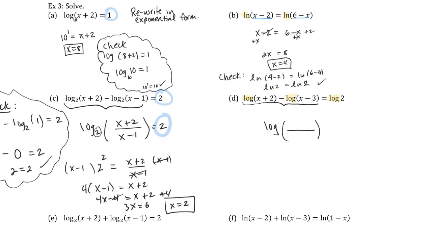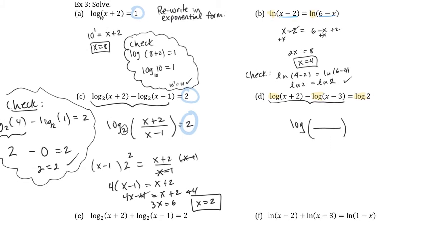All right, let's see how this next one went. Since there's subtraction of logs, that means we can combine that into division of those two arguments. Now, because I have logs on both sides, that means the arguments must be equal. So x plus 3 over x minus 1 needs to be equal to 2.